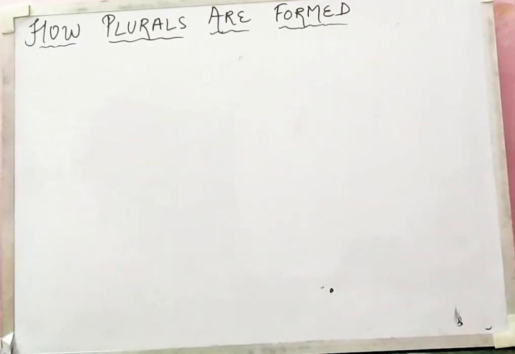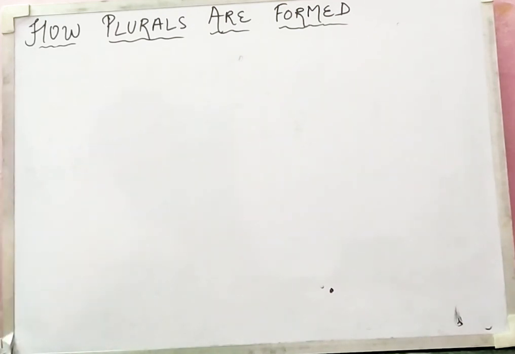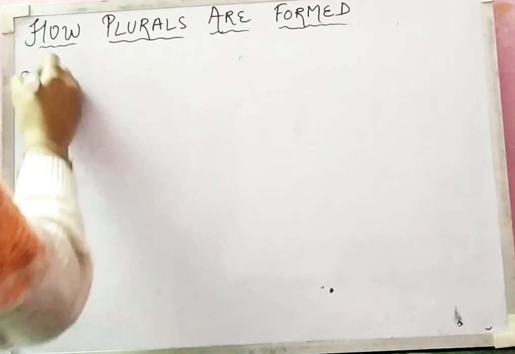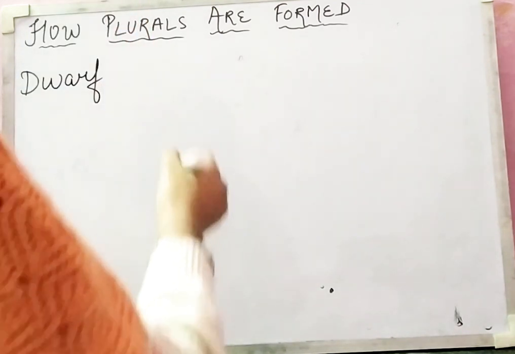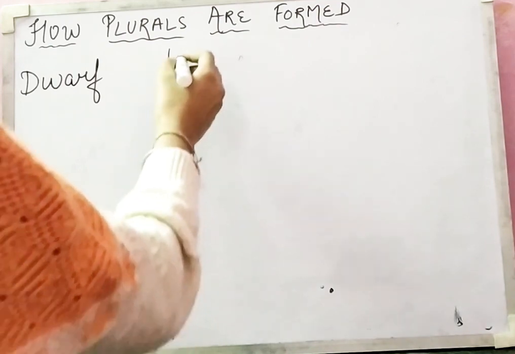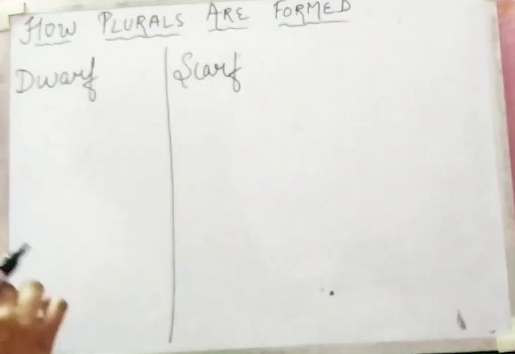Now some points to be remembered are like there are some nouns or some words which make their plural by adding s or ves. Let me take one example, that is dwarf. And let me take one more example, that is scarf.